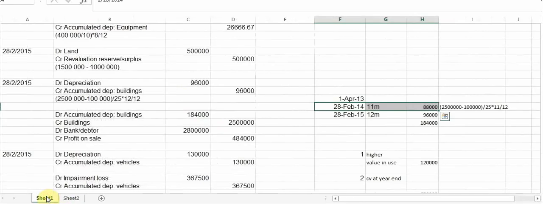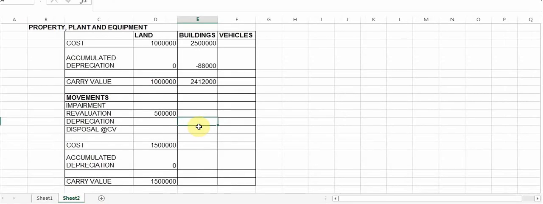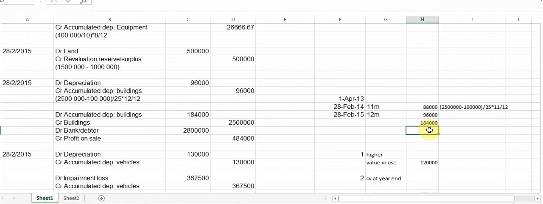Then what happened during the year was that we had a disposal, and we also measured some depreciation. So if I go back to my journal entries, you will observe that the current year depreciation was 96,000. So that 96,000 will come and stand there as a negative amount. Then we need to measure the disposal at carry value. And if I look at my calculations, the carry value of the buildings would have been the 2.5 million minus the 88,000 minus the 96,000.